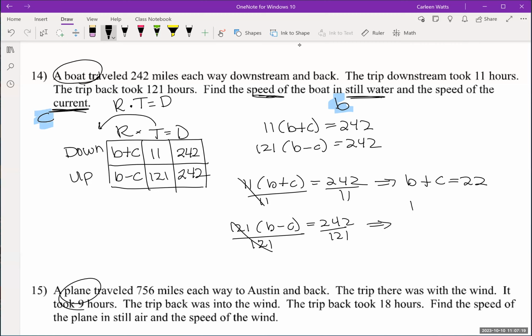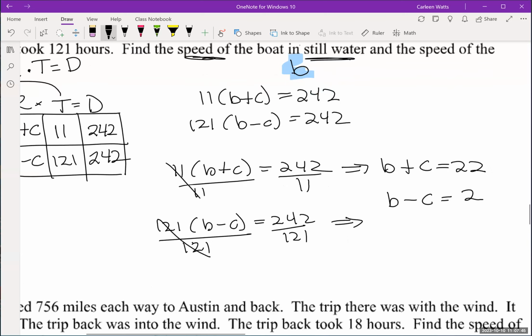That gives me B minus C equals, now I can do this in my head, 242 divided by 121 is 2. Isn't that the friendliest elimination problem you've ever seen? But there's a very common mistake. Are we ready to add down? Pick a variable.